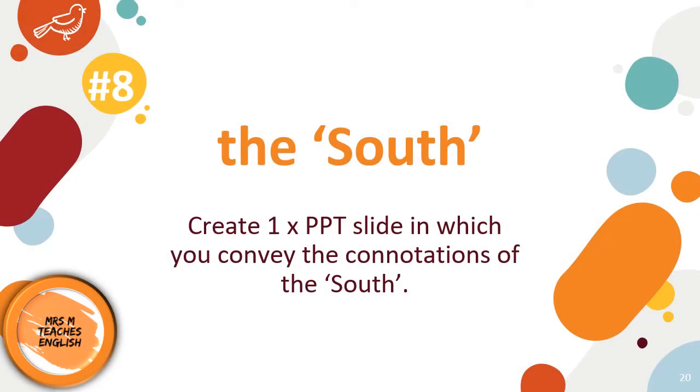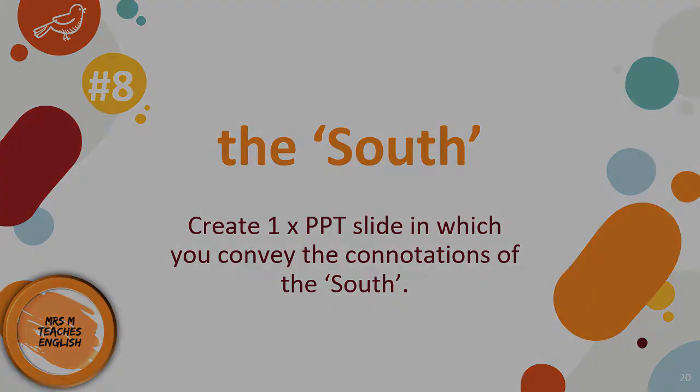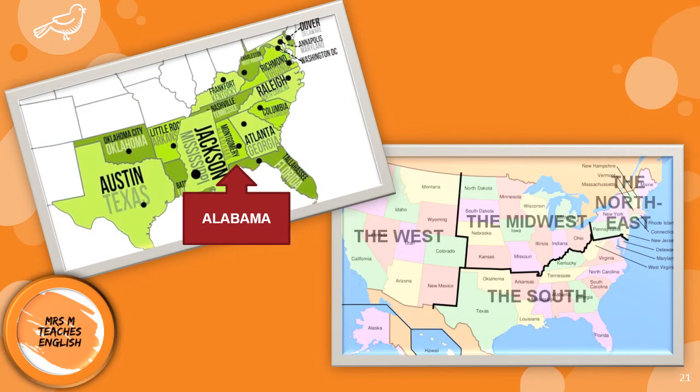This novel is set in the southern states of the USA. Your slide should convey to the class what the connotations of the South are, even what the stereotypes are. The action takes place in the state of Alabama, in a fictional town called Maycomb.